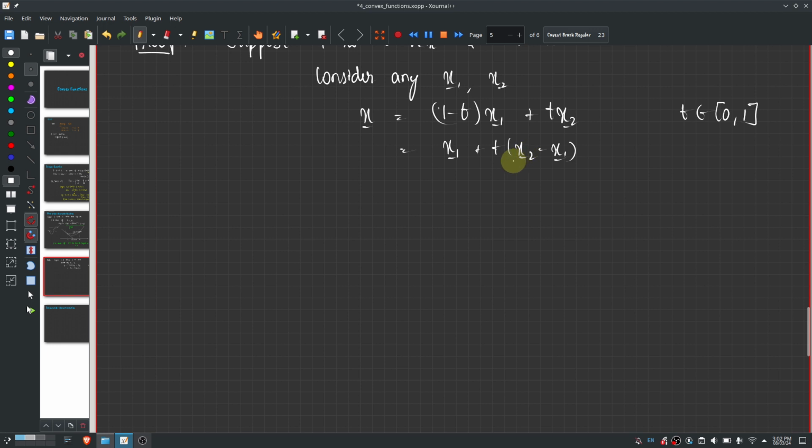Now, just by the definition of convexity, since f is convex, I have f of x less than or equal to 1 minus t times f of x1 plus t times f of x2.